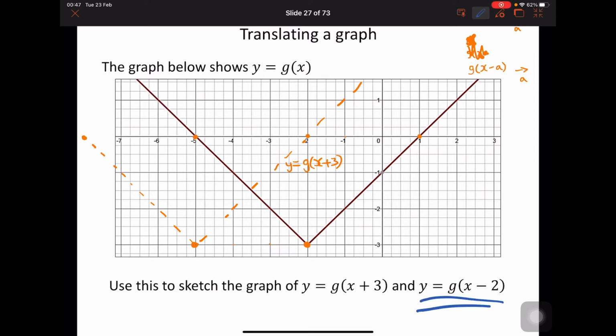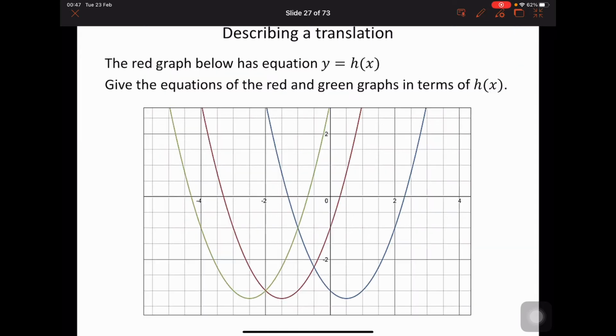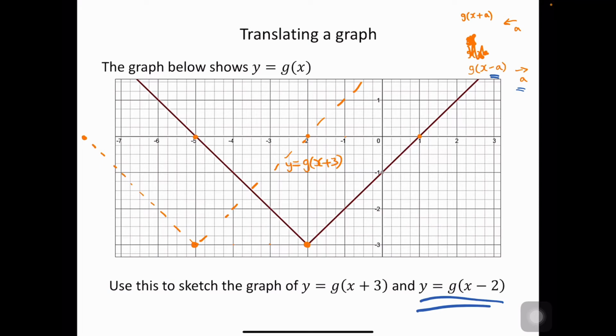Negative 2, so we have to move it 2 spaces to the right. So this point will be shifted to here, this point will be shifted to here, this point will be shifted to this point. So let's again make sure the shape is exactly the same.